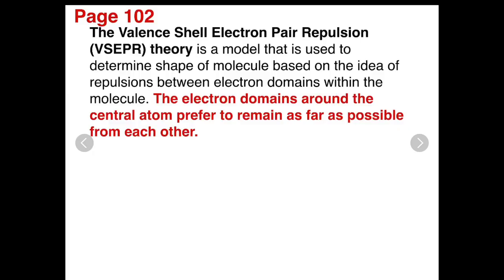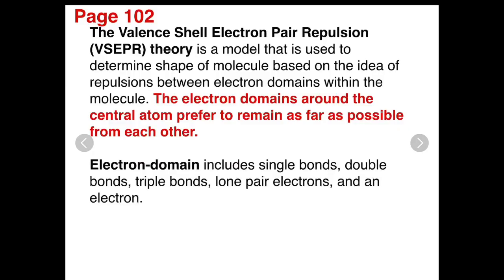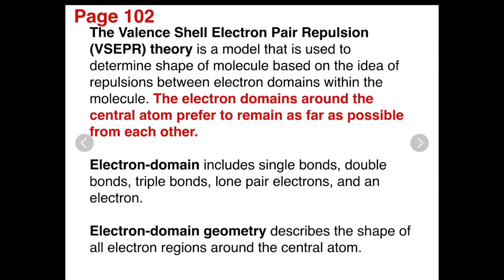So let's give a definition of what an electron domain is. An electron domain is a region of occupied electrons. That includes single bonds, double bonds, triple bonds, lone pair electrons, and also a single electron. Any region where there are electrons, we consider to be an electron domain.